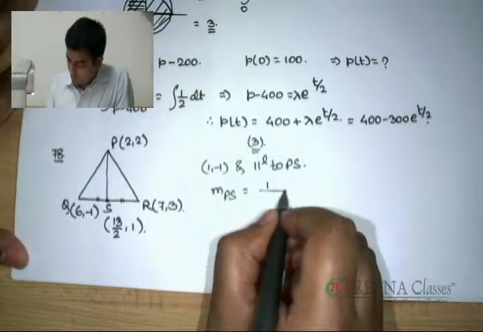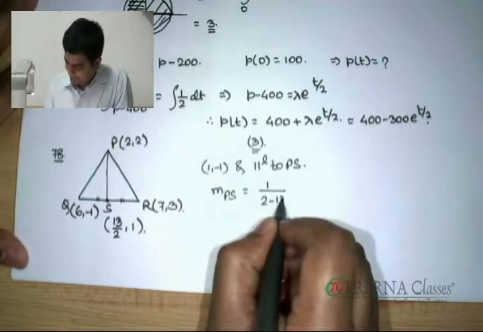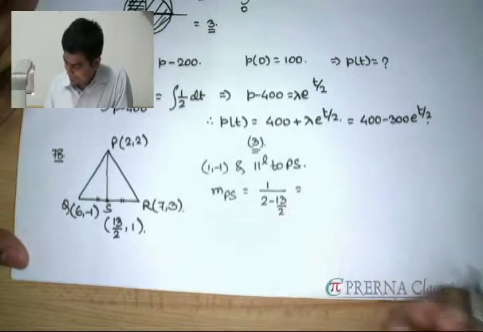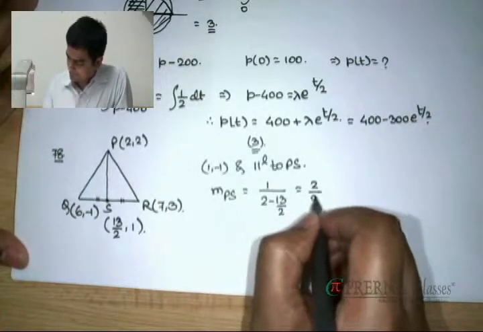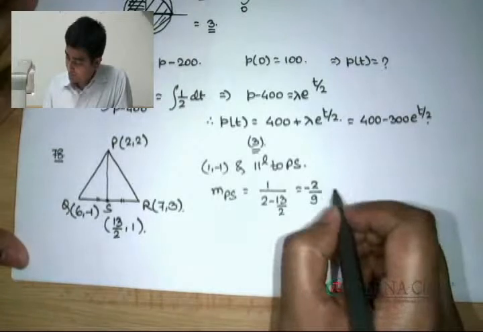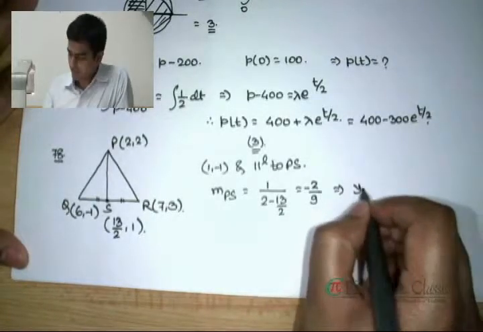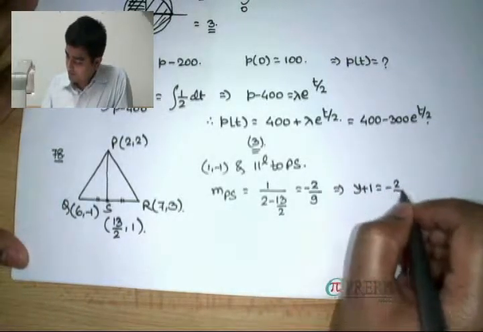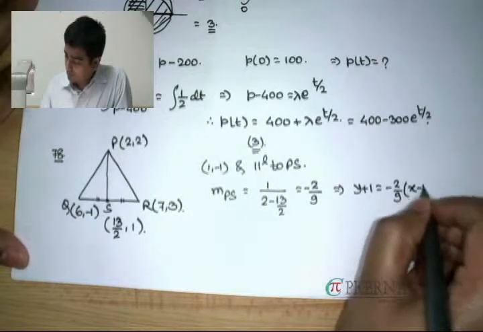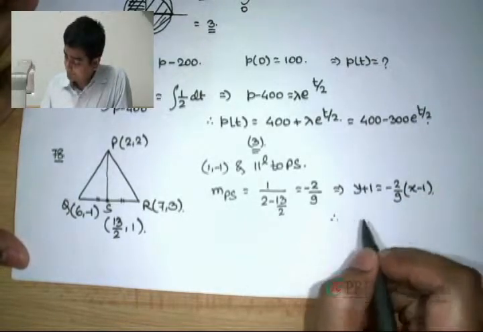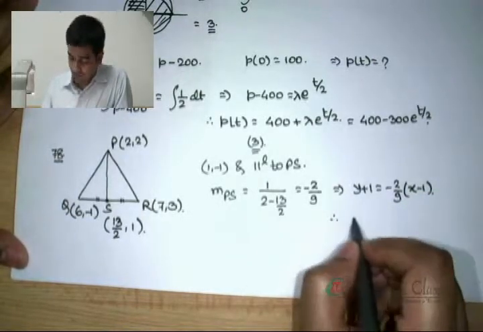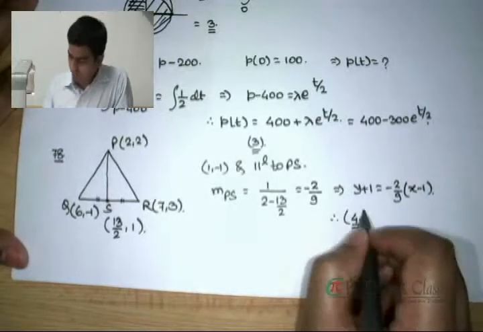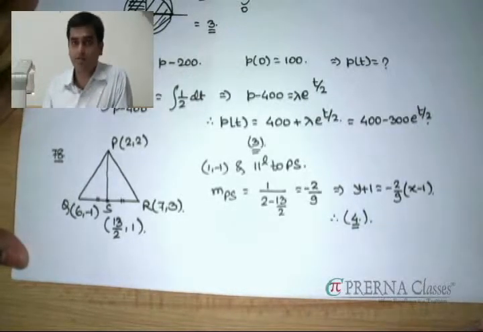Clearly then the slope of PS, which is then simplifying to negative of 2 by 9. Hence the equation of that straight line would simplify to this, which is matching perfectly with the option 4 given in that problem.